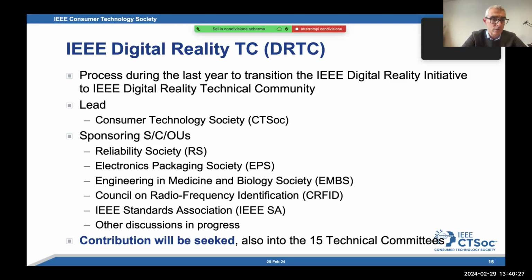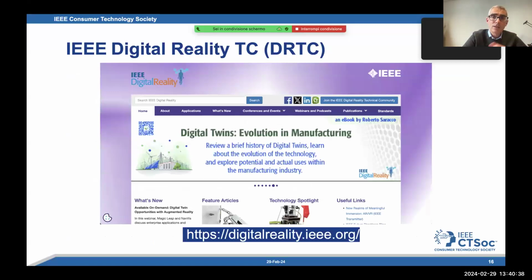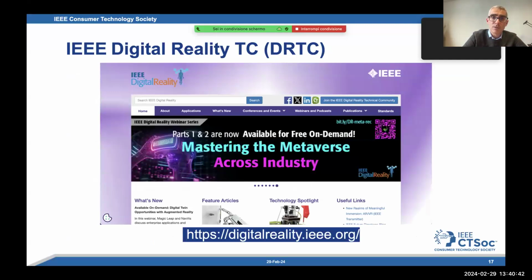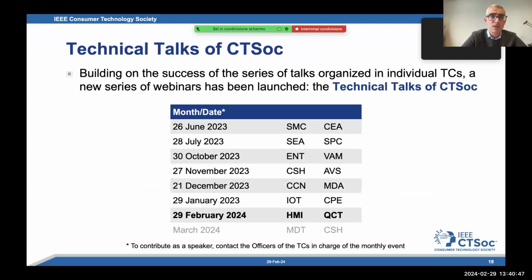There are discussions in progress with other societies. Also in this initiative, contributions will be sought, so again we will look to the 15 technical committees for support. The topics are indeed related to what our technical committees are actually doing. So in case you're interested, please let me know.